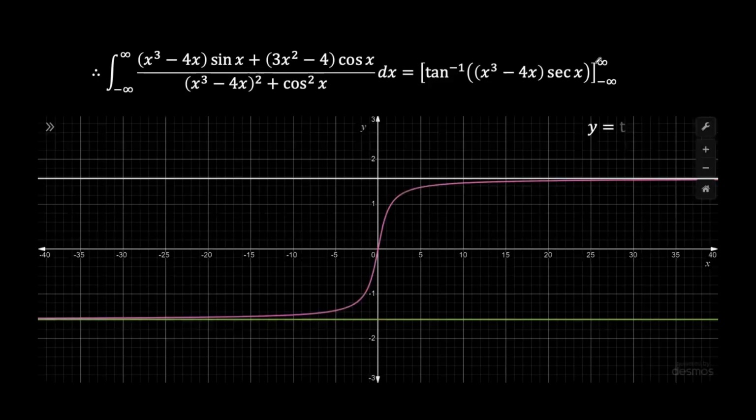And as I began showing you, the function arctangent of x, as it's shown here, quickly tends to pi over 2 as x moves from 0 to positive infinity, and to negative pi over 2 as x decreases towards negative infinity.